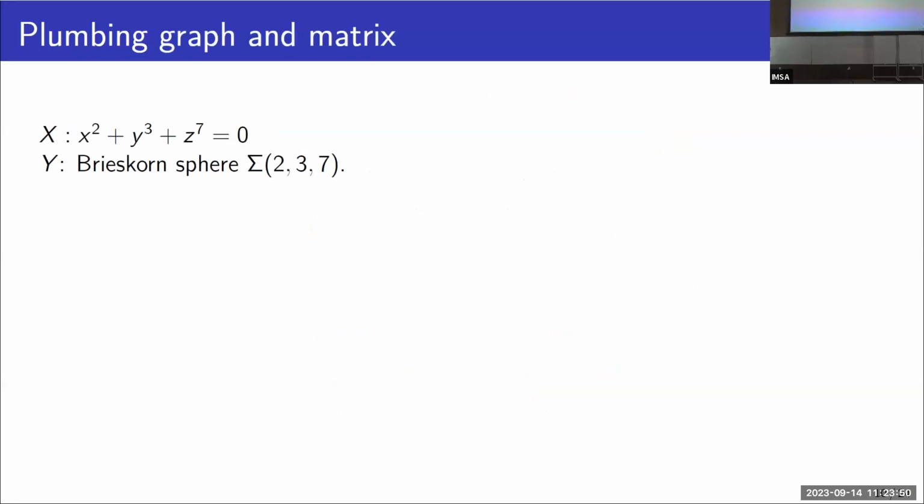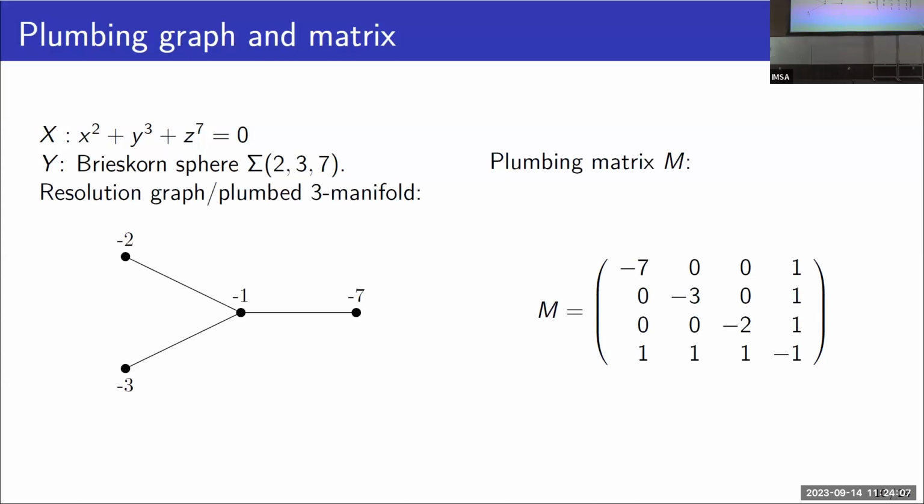So if we take x squared plus y cubed plus z to the 7, it's a nice algebraic equation. We can intersect with the 5 sphere in C3, and we get a so-called Brieskorn sphere Sigma(2,3,7). It's not so important, but what is important is that here is the plumbing graph. So it can be glued by four circle bundles over spheres, with these Euler numbers.